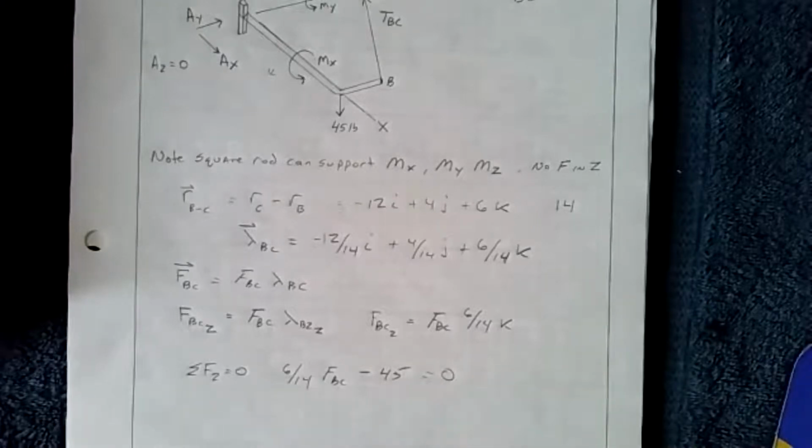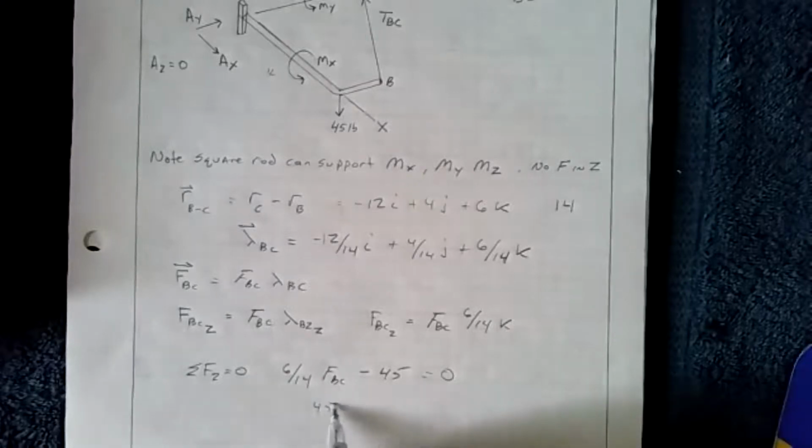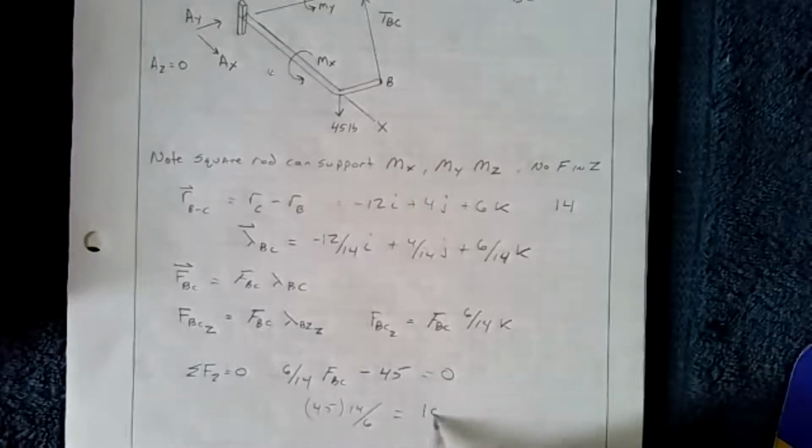And so if I solve for that, it's basically 45 times 14 divided by 6 gives me 105.0 pounds.